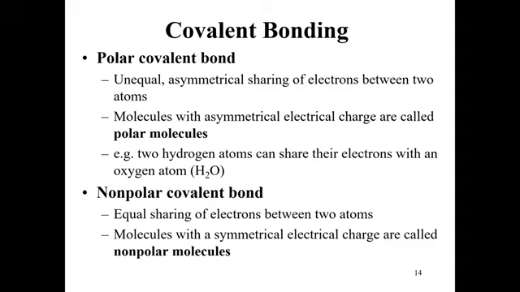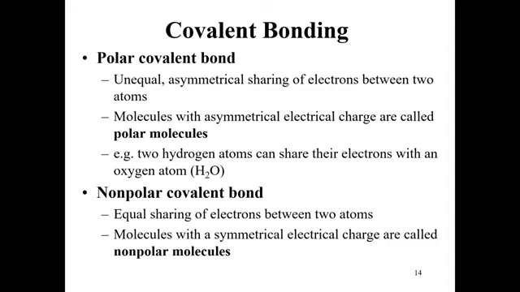Molecules with asymmetrical electrical charges are called polar molecules. 2 hydrogen atoms can share their electrons with an oxygen atom. This is water. On the other hand, we have non-polar covalent bonds. This is the equal sharing of electrons between atoms.